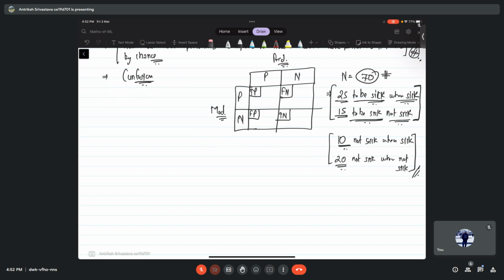So can you tell me now which of these values is going to go in which of these entries? Let's first see what is the true positive entry based on this data that I have given.